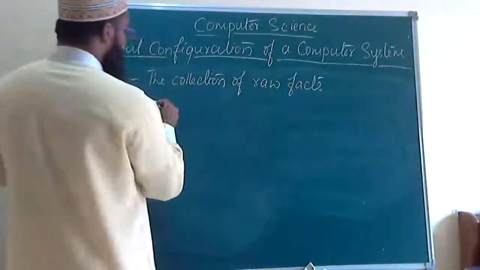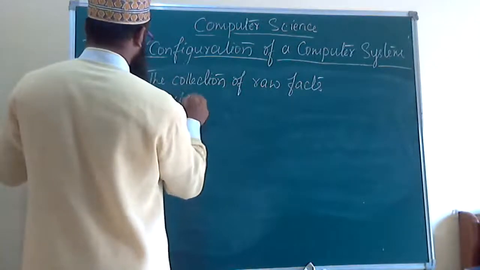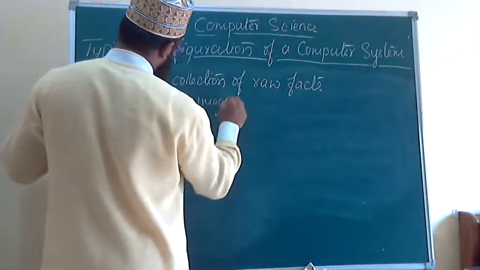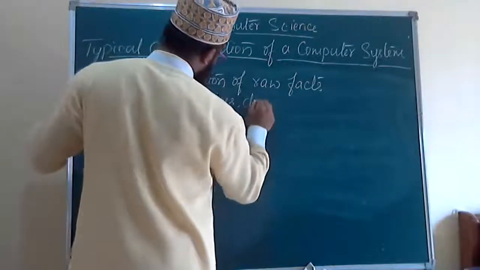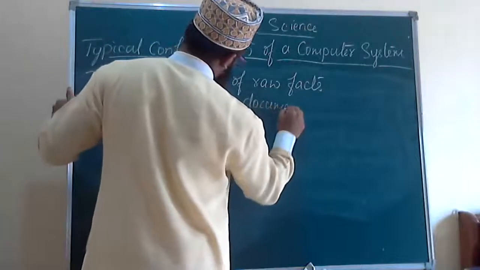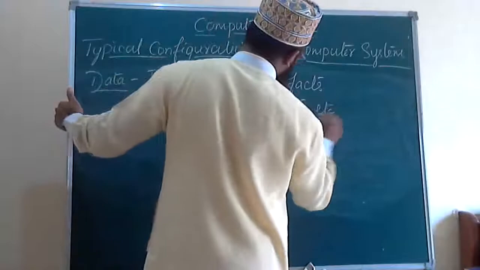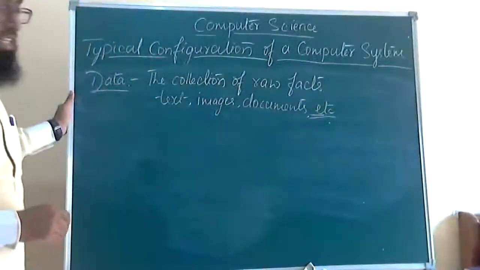And these raw facts may be text, images, documents, etc. This is called data, the collection of raw facts.